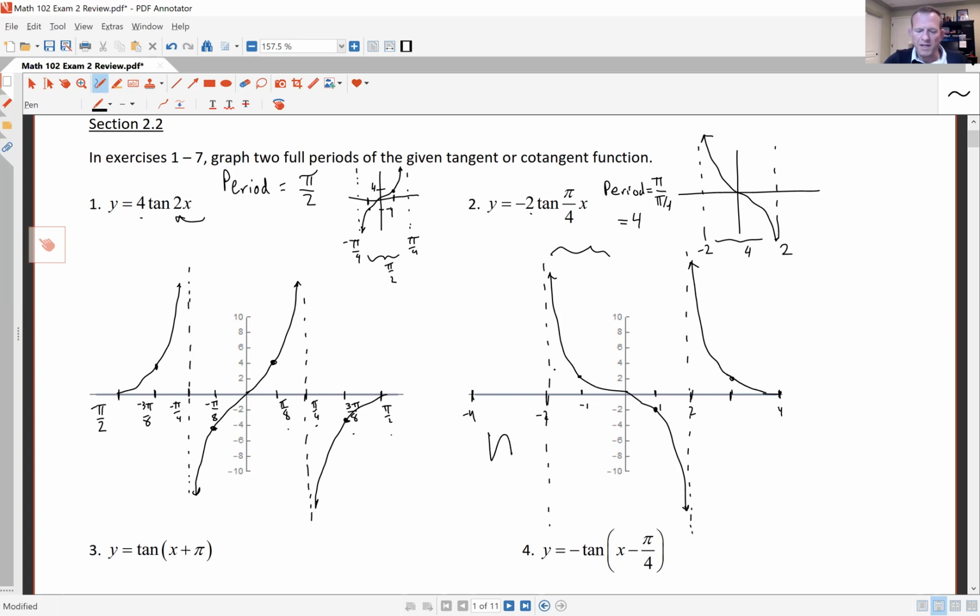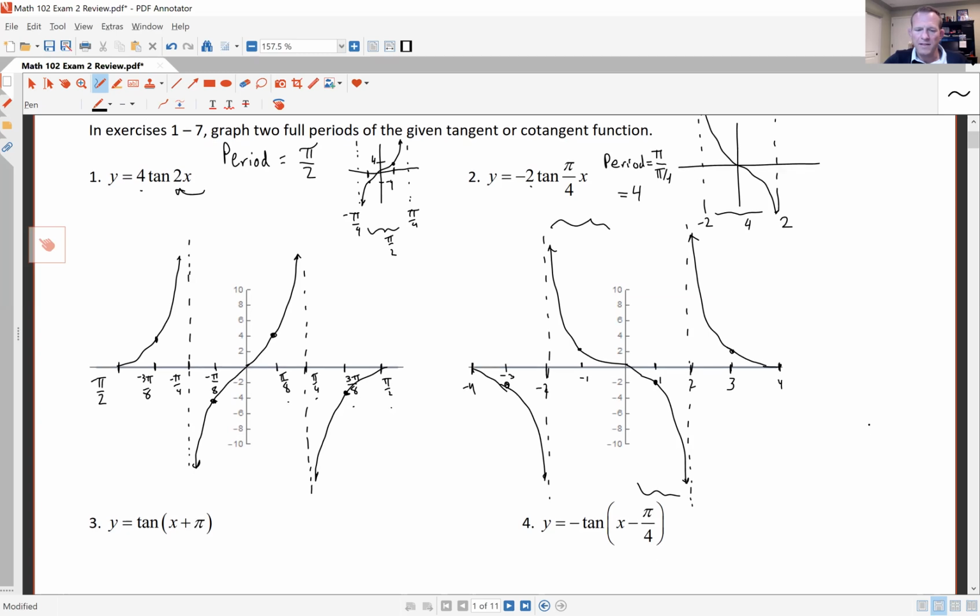And then in this region here, we've got this portion of the graph. And remember, I want you to label all of these key points: negative 1, 2, 3, 4, and 1, 2, 3, 4. Okay, so there's the 2 full periods of that tangent function.